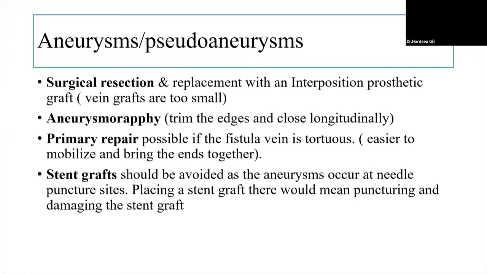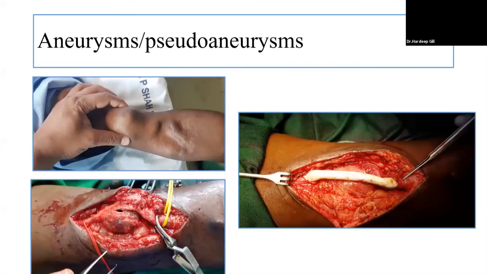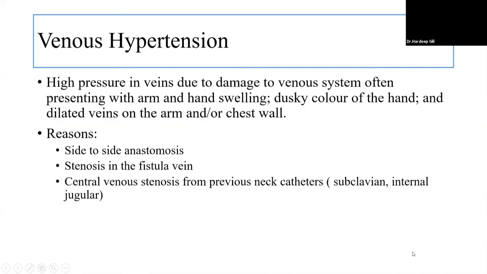Now, if you put a stent graft where the aneurysm is, and it is actually a needle puncture site, you would actually damage the stent graft and cause it to thrombose, and thrombosis would lead to loss of that fistula that you're trying to salvage. So this is a patient who has a pseudoaneurysm. That's how it looks intraoperatively, and after resection, we put in a 6 millimeter PTFE graft.